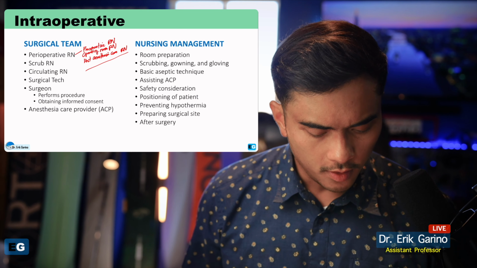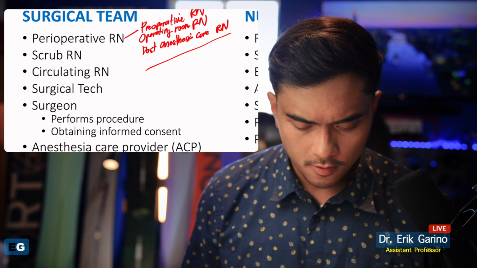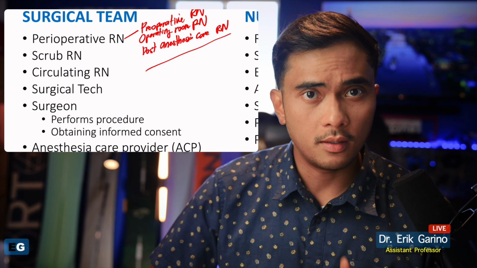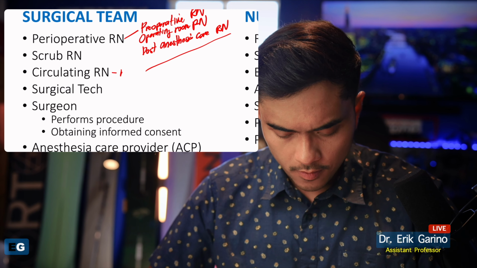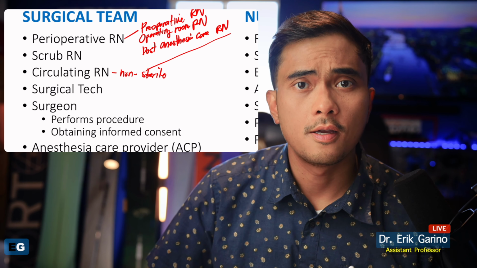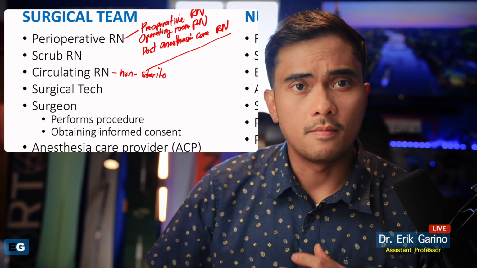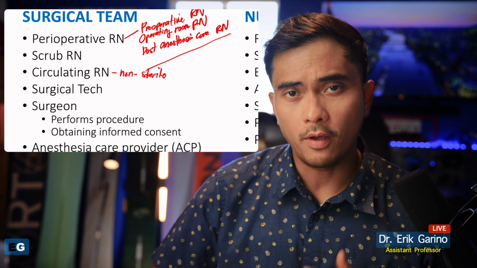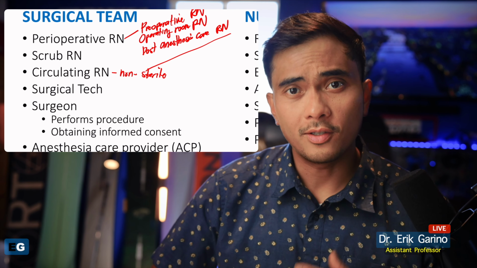All right. So the next one is the circulating RN. The circulating nurse performs all non-sterile activities. They help prepare the room by ensuring that supplies and equipment are available, in working order, and sterile.